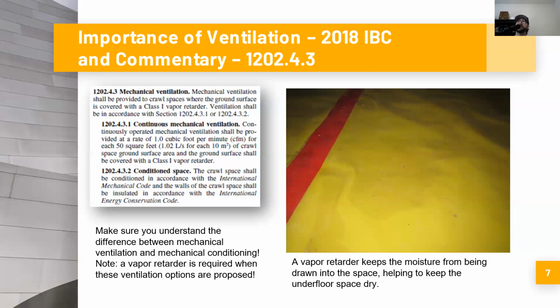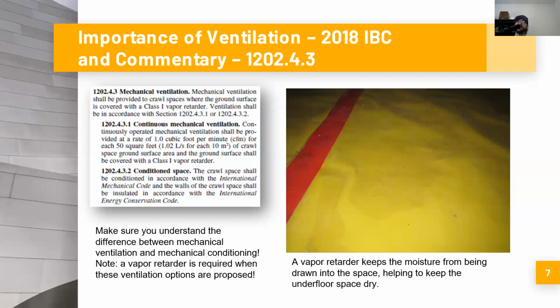It's not mentioned in this section, but if you don't condition the space and you just vent it, then you are still required to insulate the floor, but not the walls. In this case, the floor above, meaning if you're in the underfloor space, you're standing in the crawl space and you're looking up, you're looking at the underside of that floor. That floor is the boundary of the thermal envelope in that circumstance.